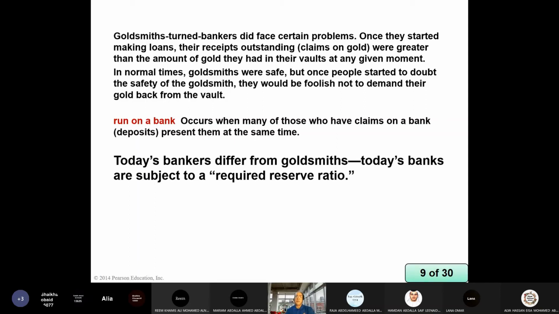So, for example, assume Salim deposited 100 dirhams at First Abu Dhabi Bank. If the reserve ratio is 20%, then according to the regulations of the central bank, the commercial bank will keep in their boxes as reserve 20 dirhams, and it has the right to give loans to others of 80 dirhams.